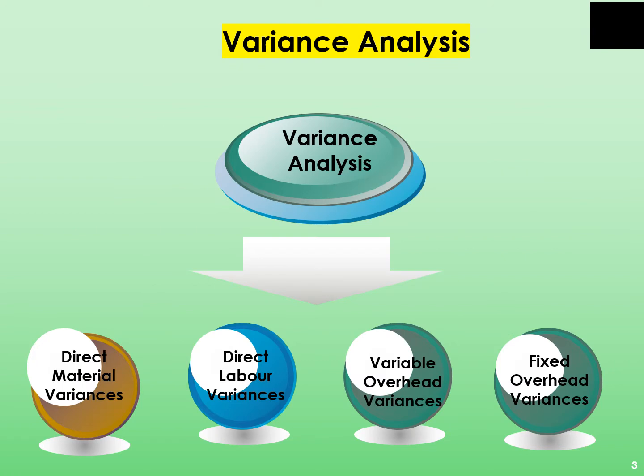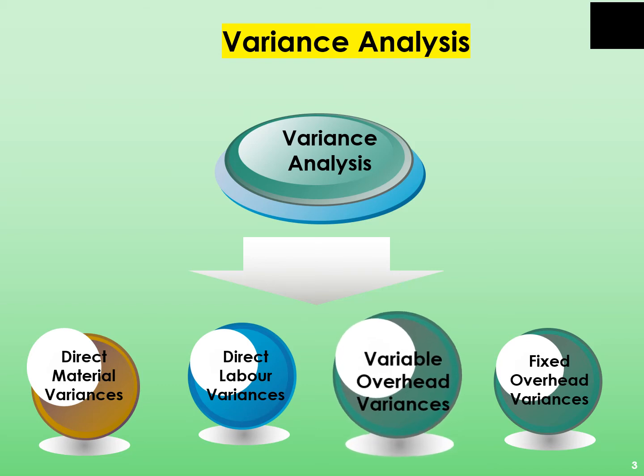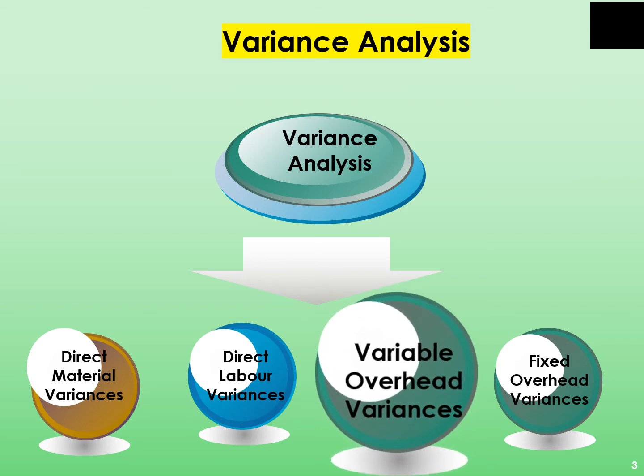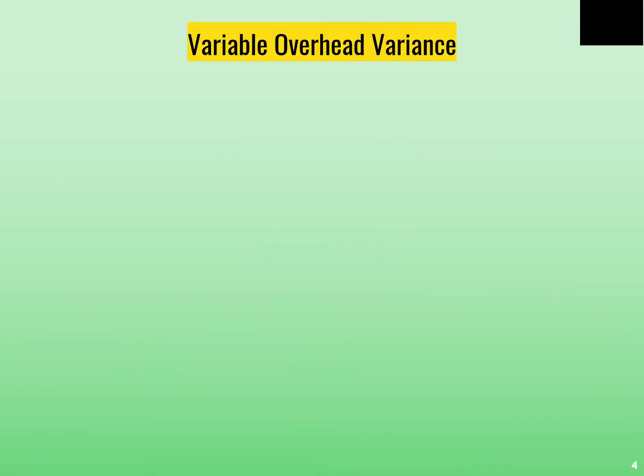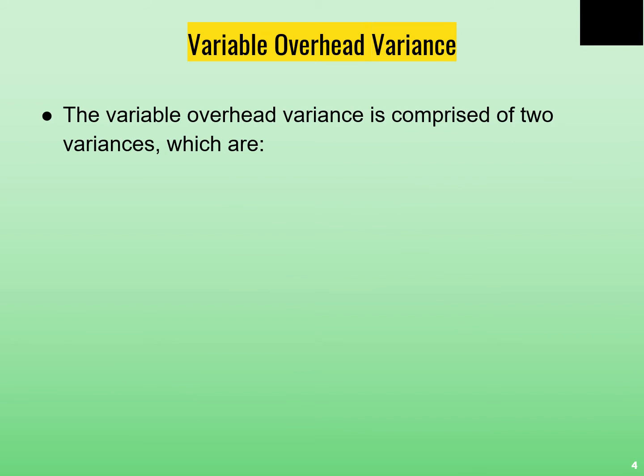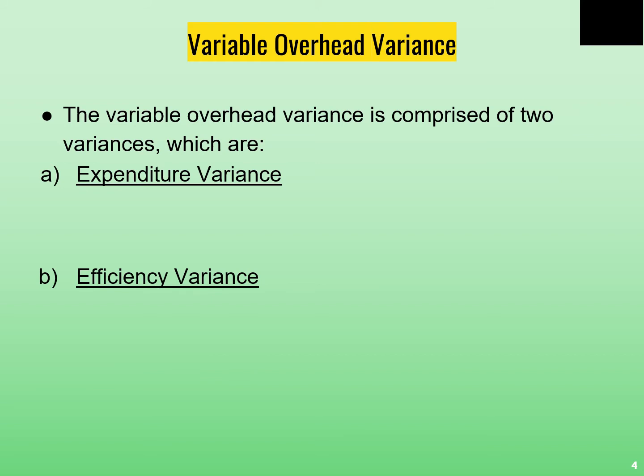For this week, variance analysis, we are focusing on variable overhead variance and fixed overhead variance. The variable overhead variance is comprised of two variances, which are A. Expenditure variance, B. Efficiency variance.